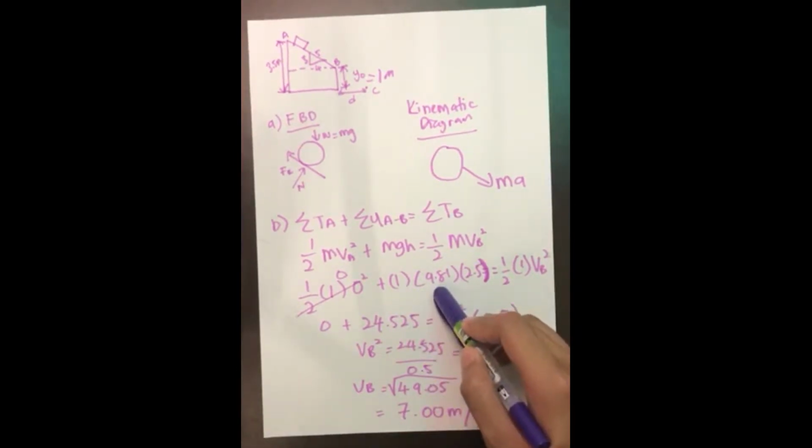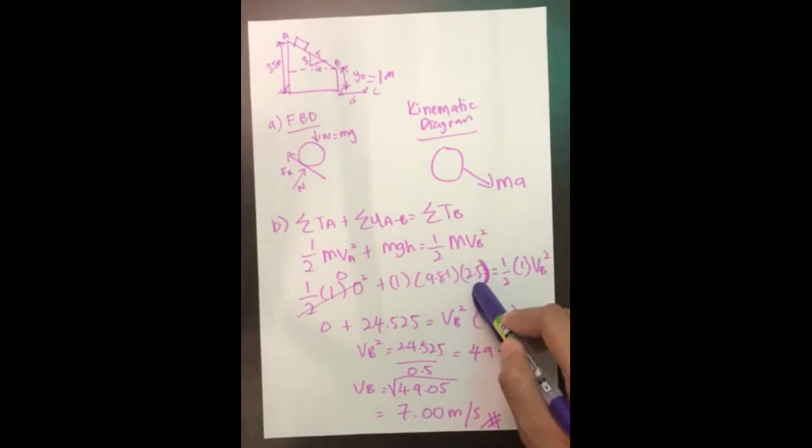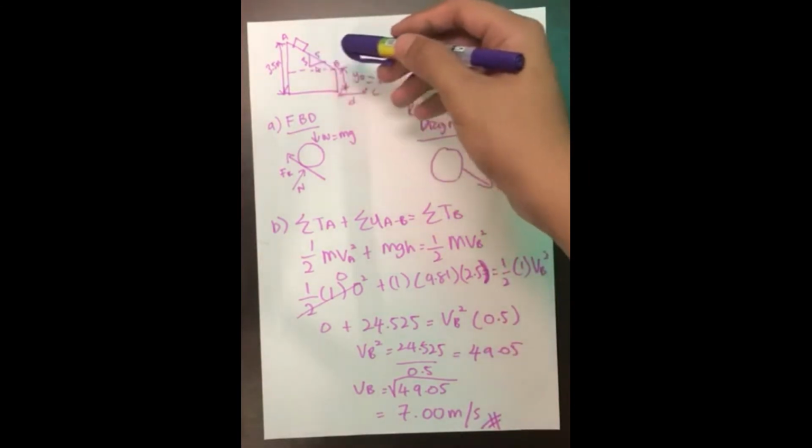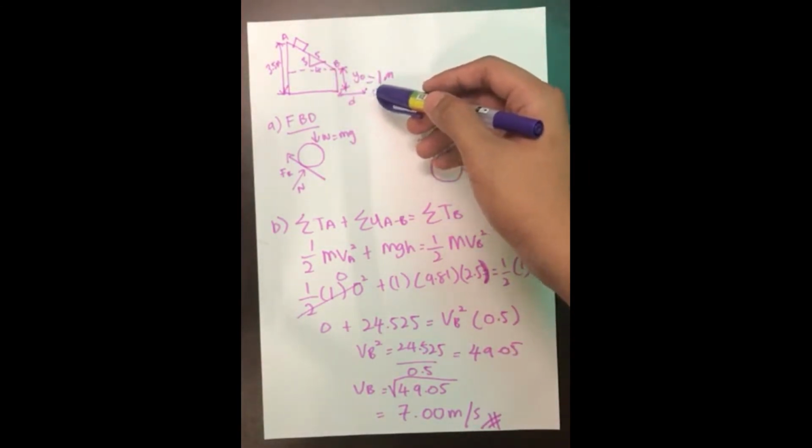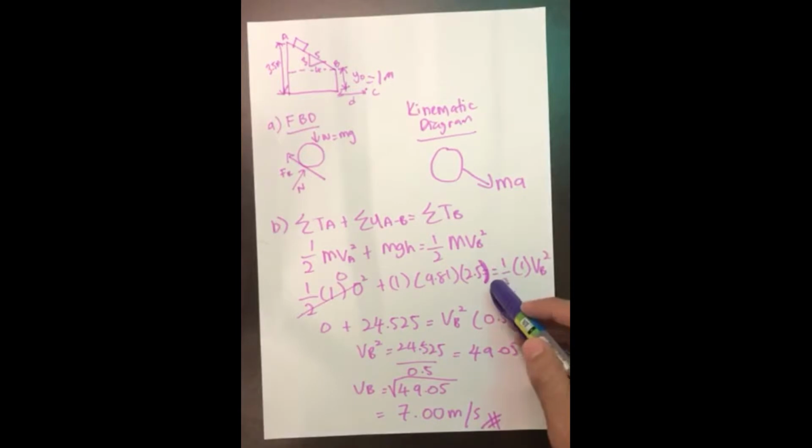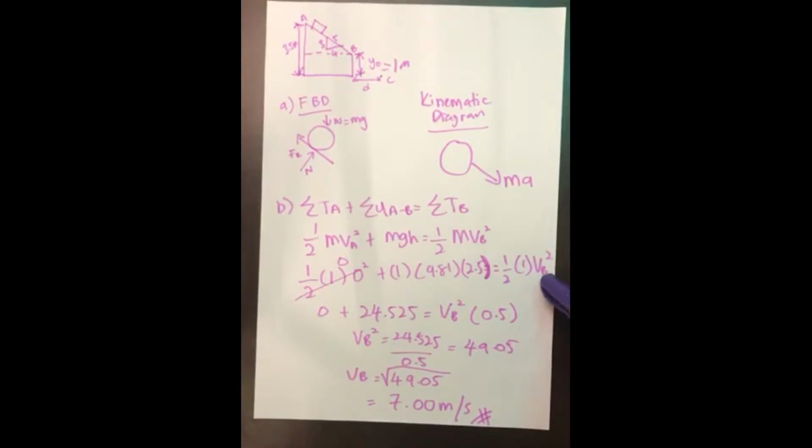This is the gravity, 9.81, and this is the height of the object, which is 3.5 minus 1 meter. And this is what we want to find, which is VB.